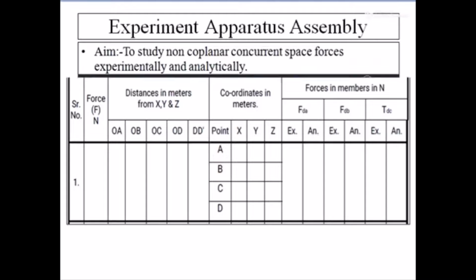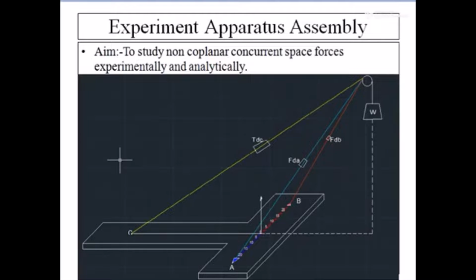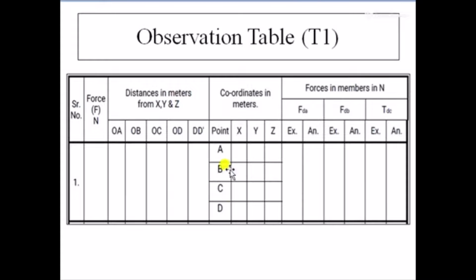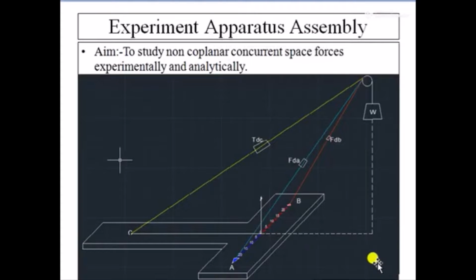Whatever distances we have written here, we will mark down as coordinates. As I showed you in the previous part of the video, you will mark the coordinates for points A, B, C and D with respect to the x-axis, y-axis and z-axis. Where is the x-axis? The x-axis is along this line AB, which I have shown. The y-axis is towards the tail of this T, and the z-axis is in the direction perpendicular to the board.